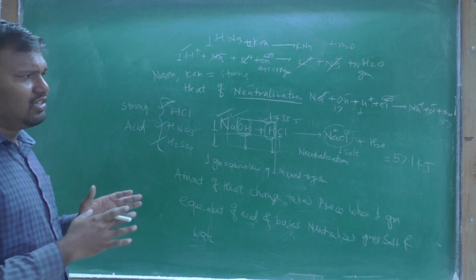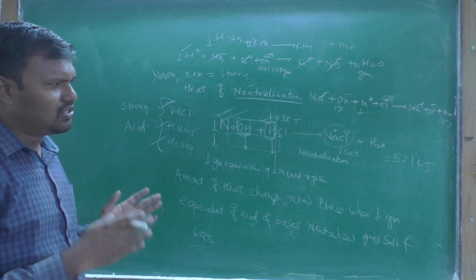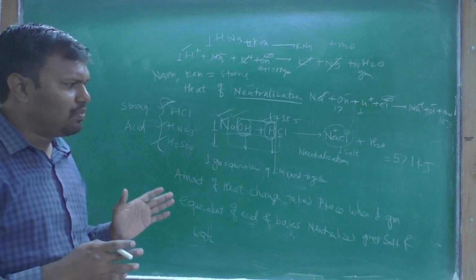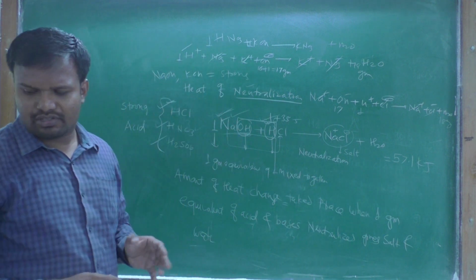Therefore, when a strong acid and strong base react, it always gives 57.1 kilojoule heat of neutralization.